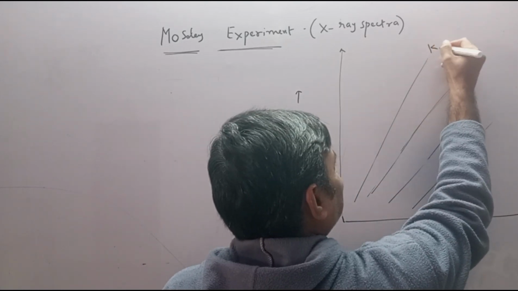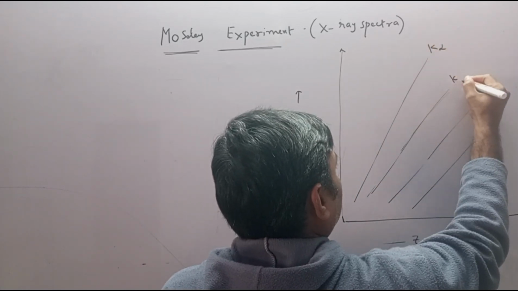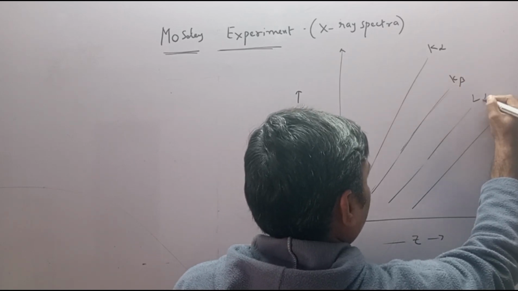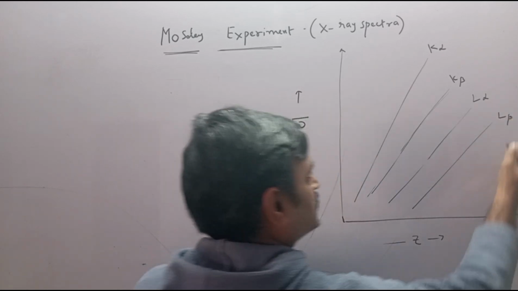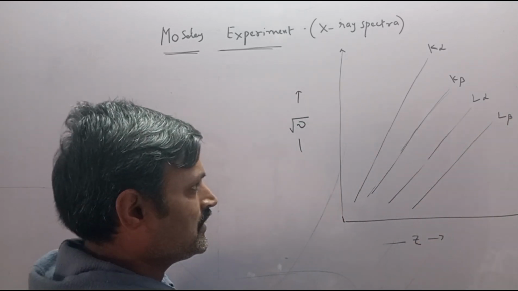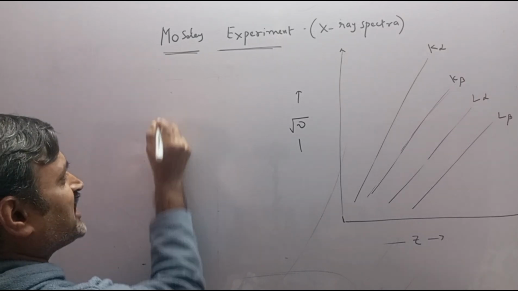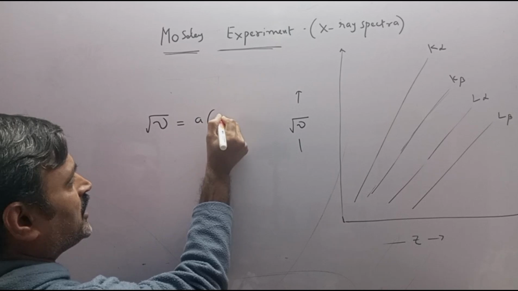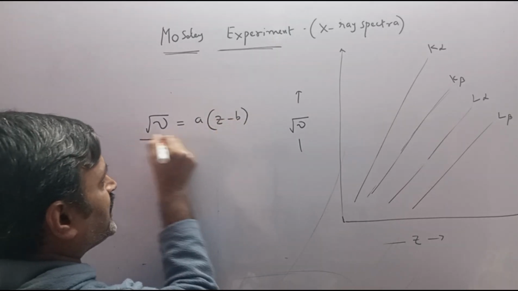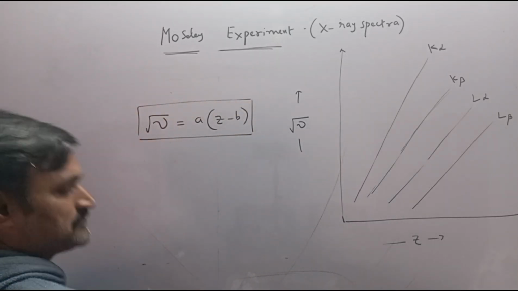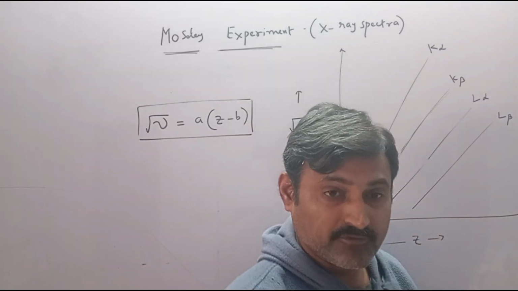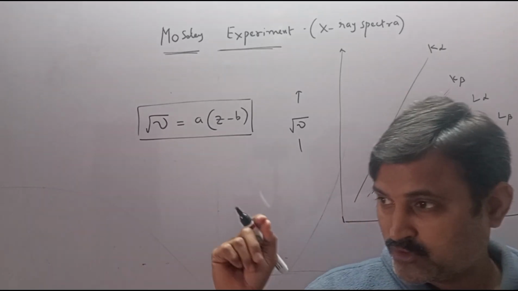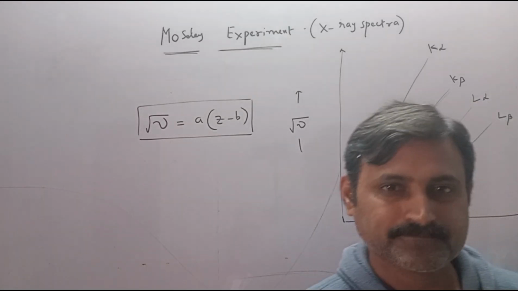One line he called K alpha, another K beta, then L alpha, L beta in his experiment. And he gave the mathematical relation as square root of nu bar is equal to a into Z minus b, as the final relation between the frequency of X-rays produced and the atomic number.